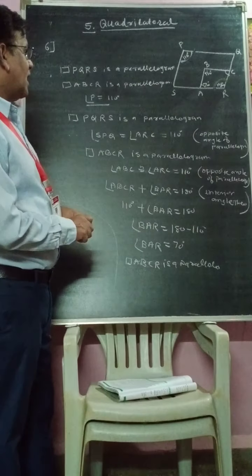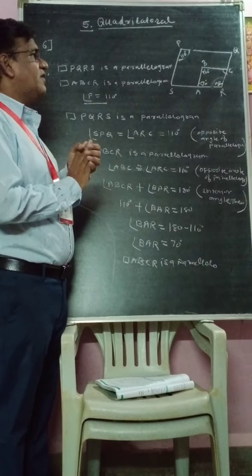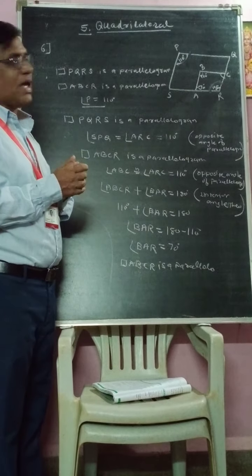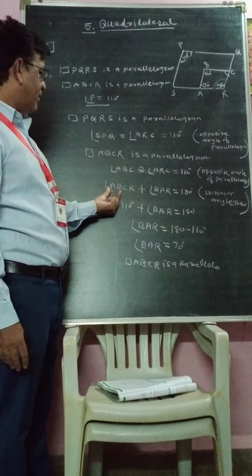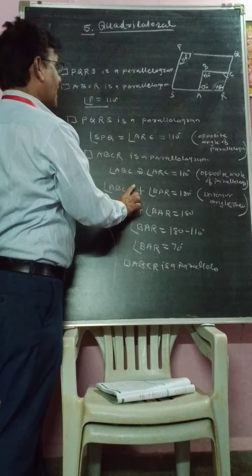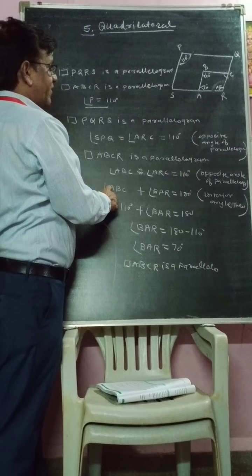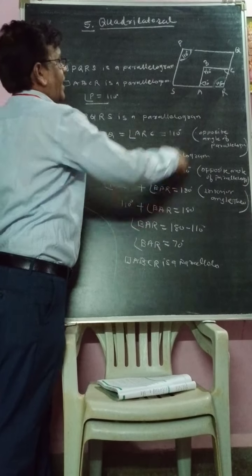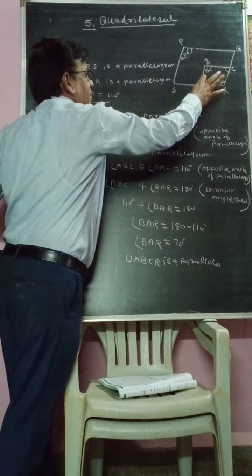Now after that we already know one property of parallelograms, that is, the adjacent angles of a parallelogram are supplementary. So therefore you can say that in ABCR, angle ABC plus angle BAR, these two angles are supplementary.